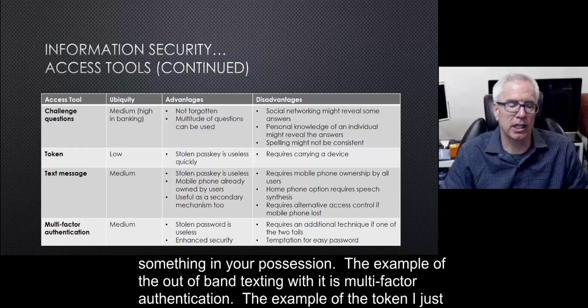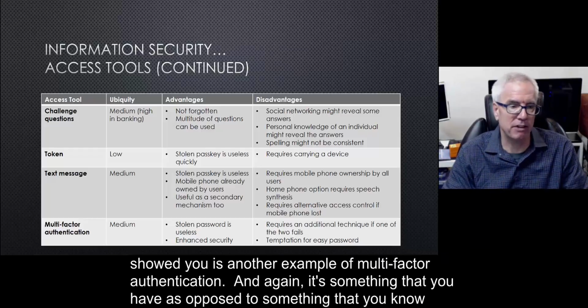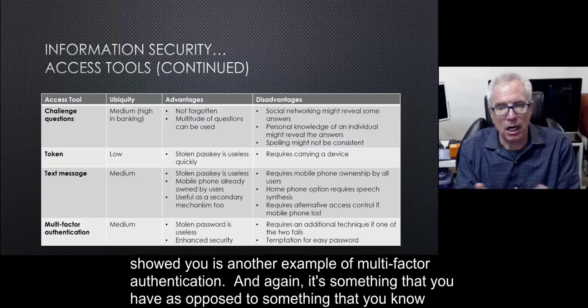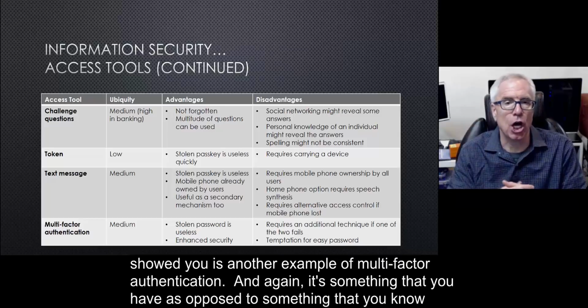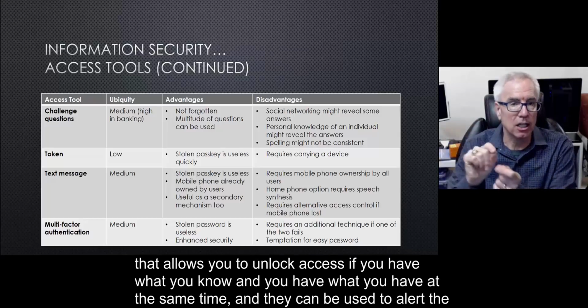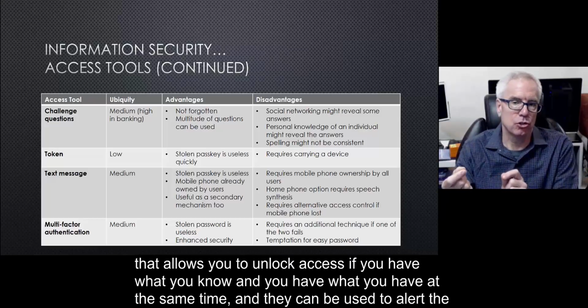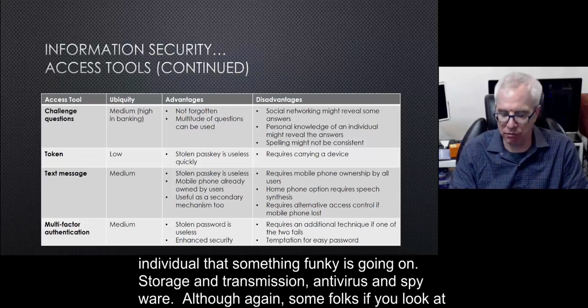The example with the token I just showed you is another example of multi-factor authentication. And again, it's something that you have as opposed to something that you know, that allows you to unlock access if you have what you know and you have what you have at the same time, and they can be used to alert the individual that something funky is going on.